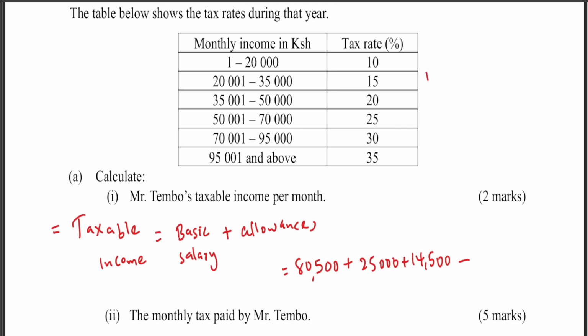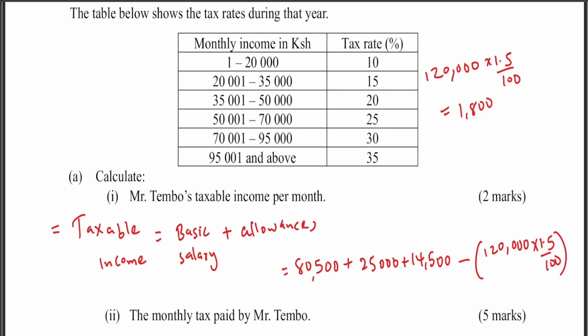So 120,000 is his gross income, not the salary. So 1.5% of that is exempted from taxation. You subtract the 1.5% of 120,000, which is around 1,800. Times 1.5 divided by 100, it's around 1,800.